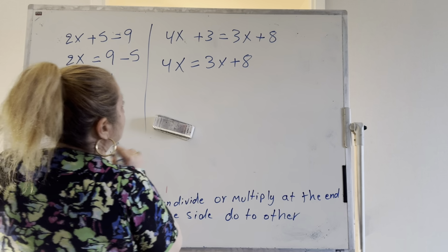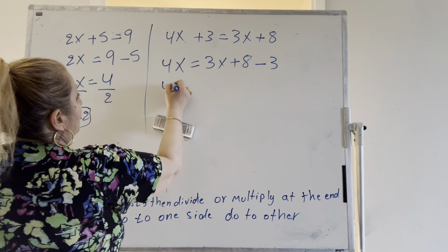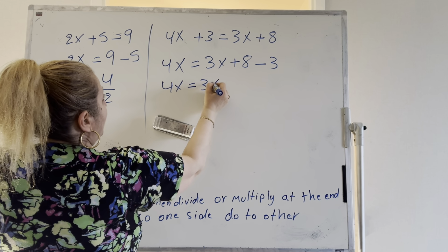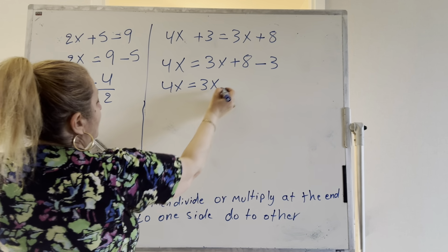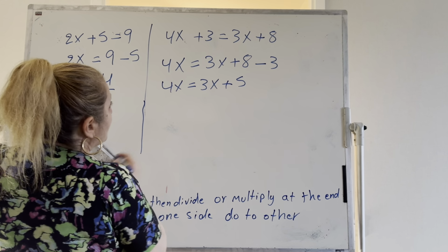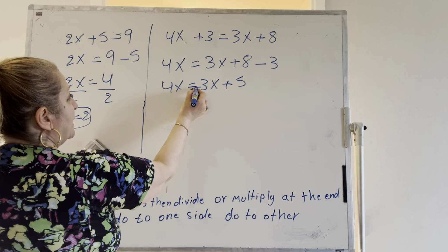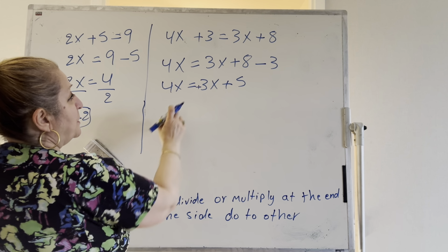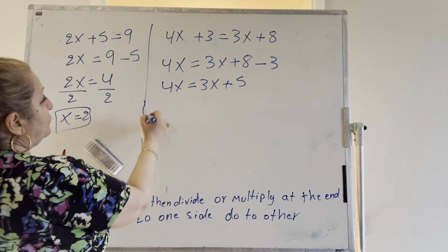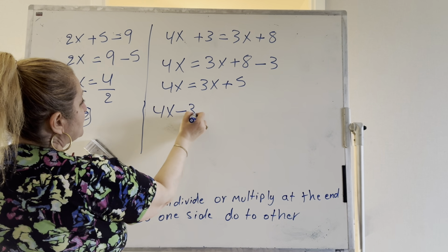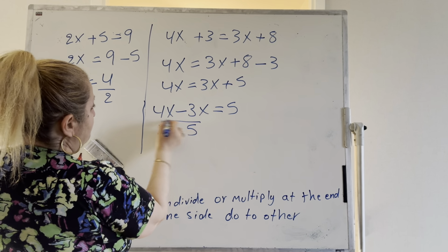When I move 3x to the other side, I will change the sign. 4x equals 3x plus 8 minus 3, plus 5. Then I will move 3x to this side and change the sign here. I have plus, but usually we don't write it in the beginning. 4x minus 3x equals 5, and x equals 5.